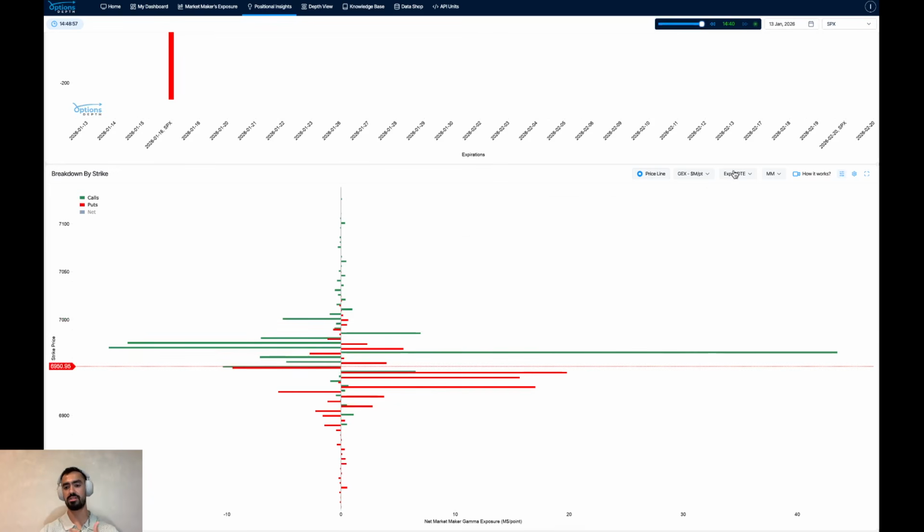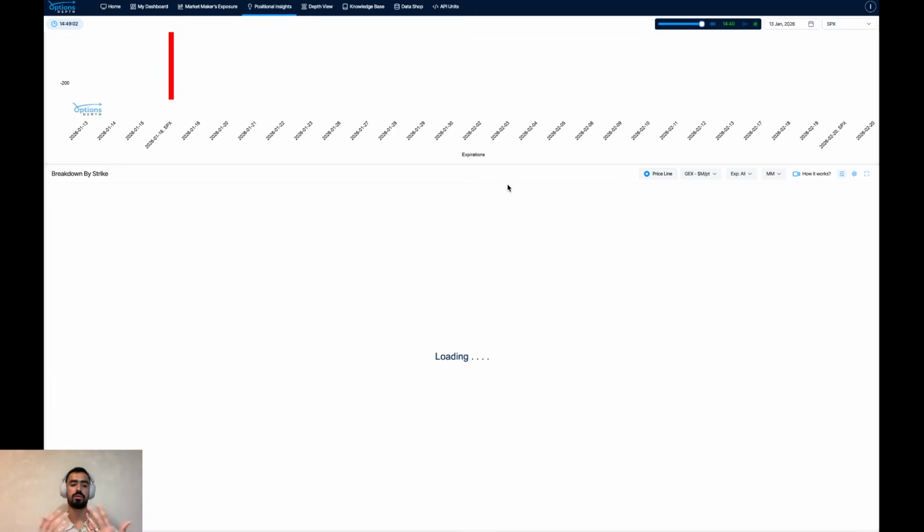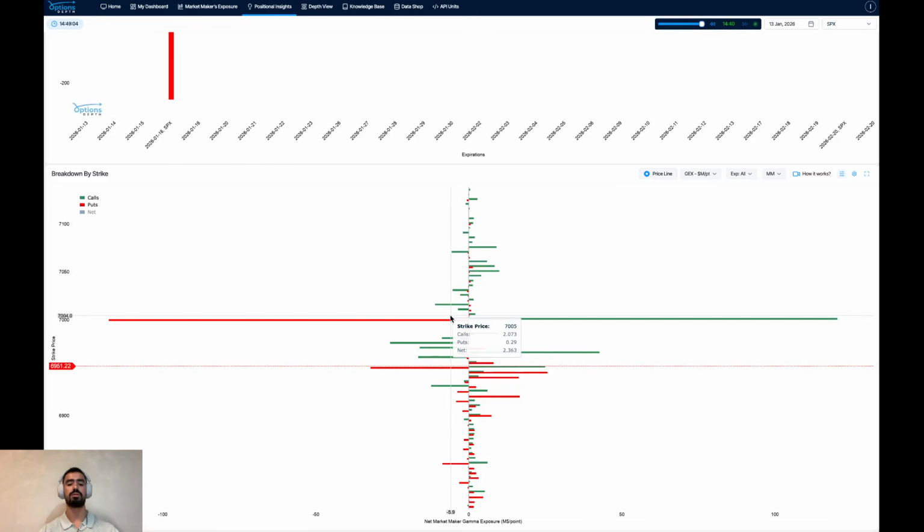This is only the 0DTE, but you can select all expirations if you want. It's going to query into our system, and then you can see the gamma exposure contribution of each strike price based on all expirations. And this is as of 2:40, at the given spot price at that time. It's not forward looking, but you can get an idea.